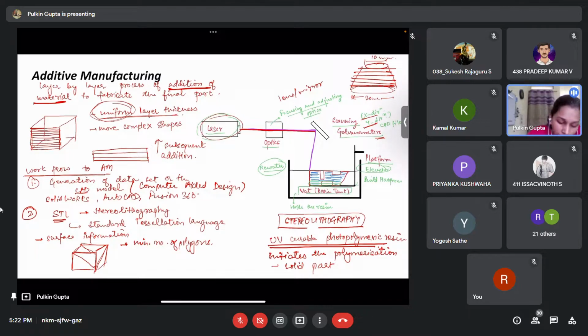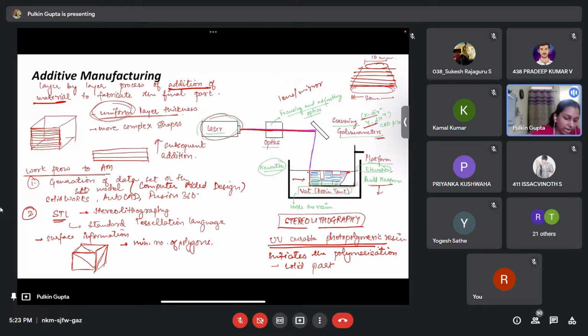As a single layer solidifies, the elevator lowers the build platform, and a recoater blade applies another layer of polymer. So you have a new layer of polymer as every previous layer solidifies, and this new layer is then exposed to the UV light, which solidifies it.